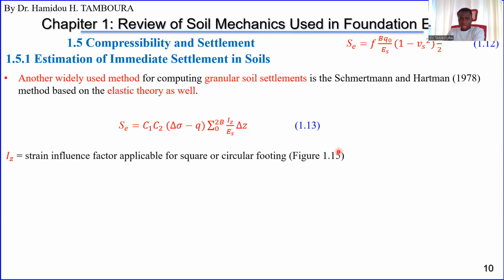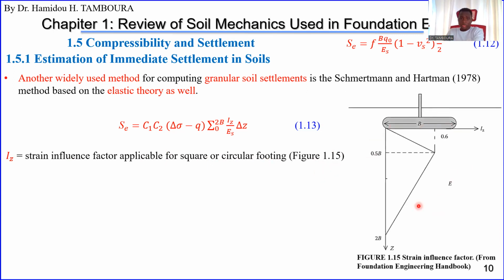IZ is a strain influence factor, which can be obtained with this. It is applied for square or circular footing, and we can find it in this figure, which shows the value you can obtain.